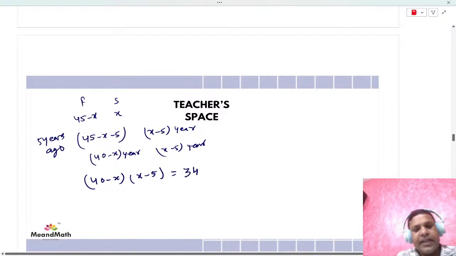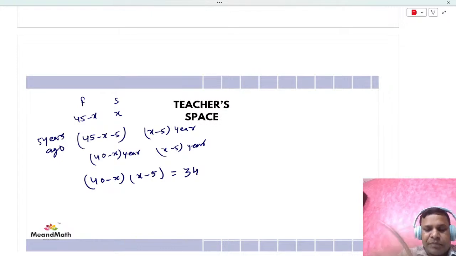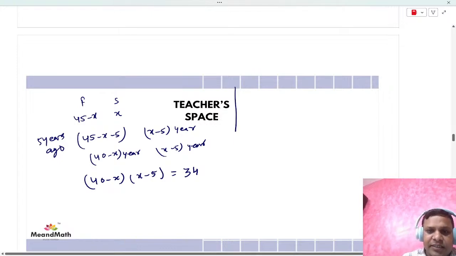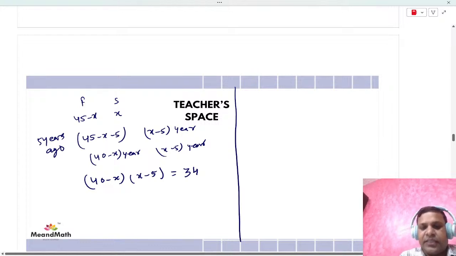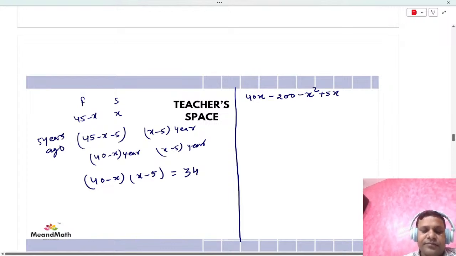Again, there are two methods. One is approximation. Second is what we did in the last question, splitting the middle term. So first we solve by splitting the middle term. If you multiply, it is 40x minus 200 minus x square plus 5x is equal to 34.